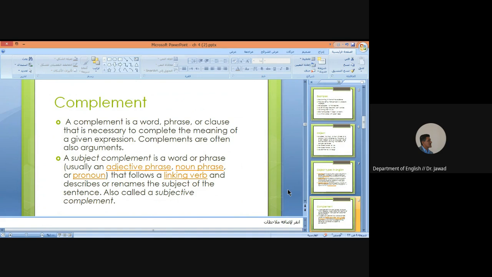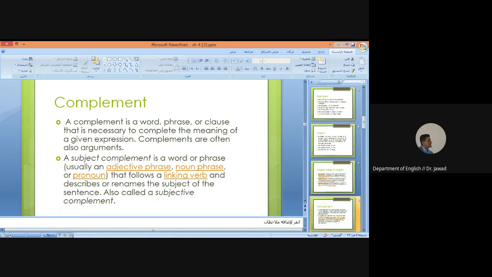Let us start with the first one, which is called subject complement. The verb is a linking verb. Sometimes we have a verb of to be or a linking verb, and let us see.